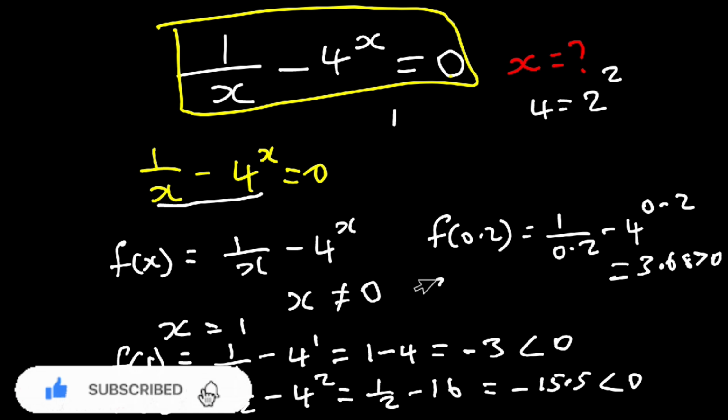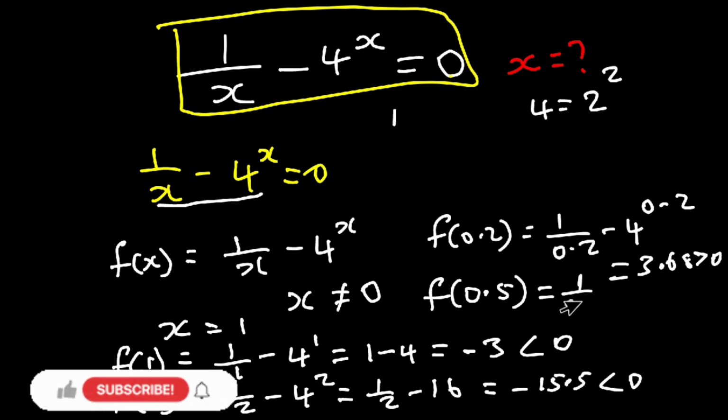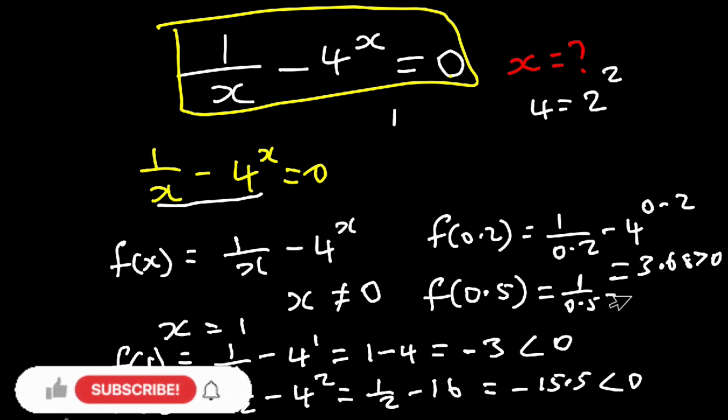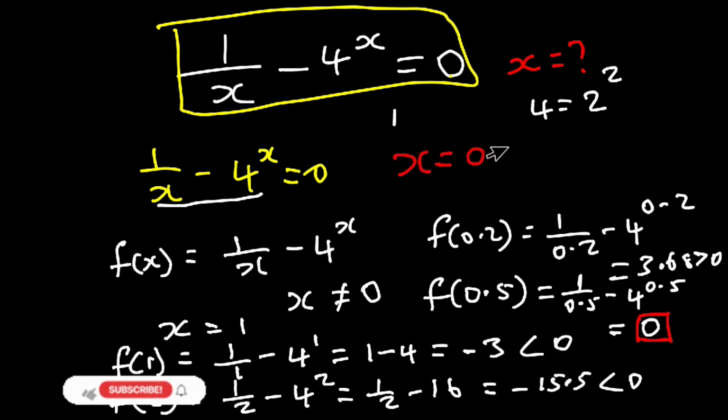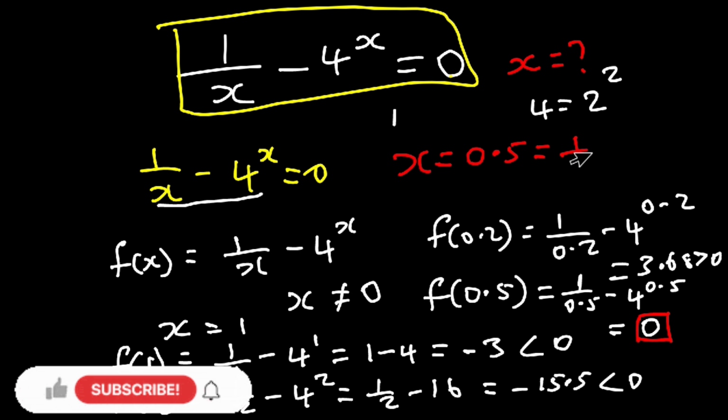So let's test 0.5. So we have 1 over 0.5 minus 4 to the power of 0.5, and then this is going to give us the exact answer we're looking for, which is 0. So the x value here is equal to 0.5, which is equal to half.